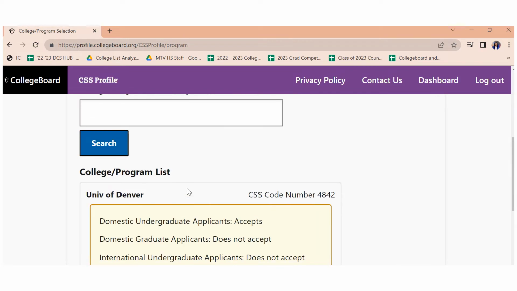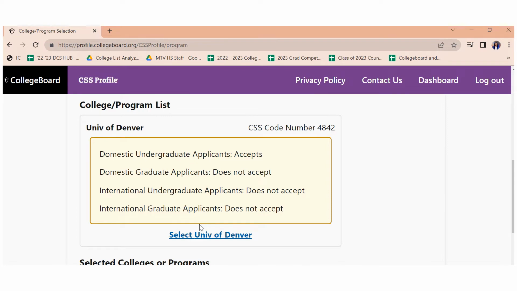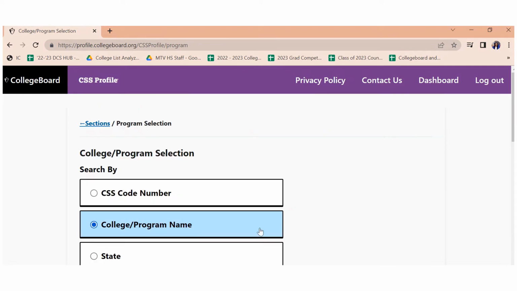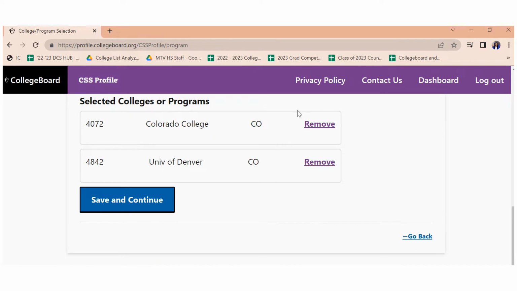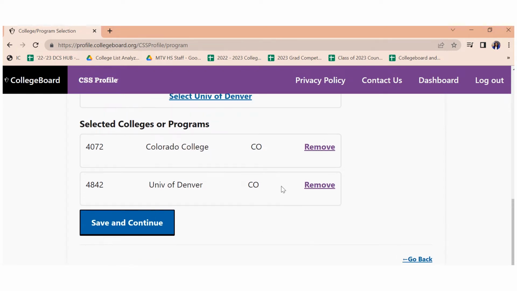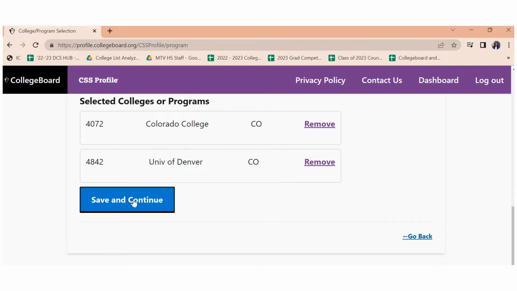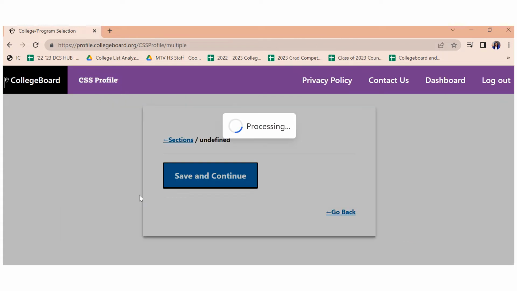And we'll go down to University of Denver and select that. And then we'll go ahead and scroll down. We'll see that we have those two schools added. If you have additional schools outside of Colorado, please go ahead and add those now. And then we will save and continue.